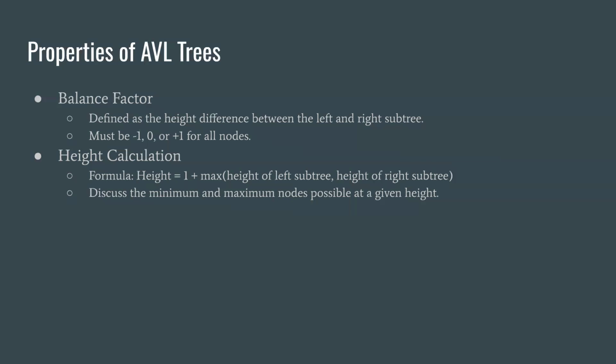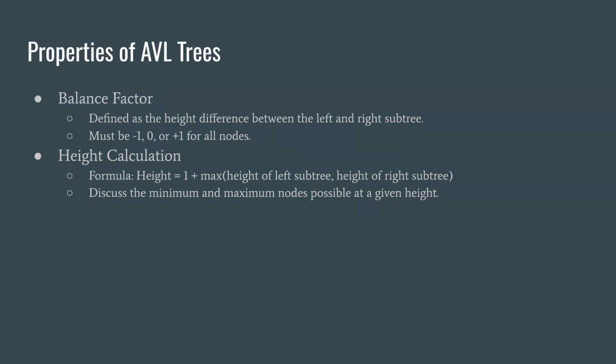If the balance factor of any node deviates from these values, the tree performs rotations to bring it back. This ensures that the tree remains balanced, keeping operations optimal.